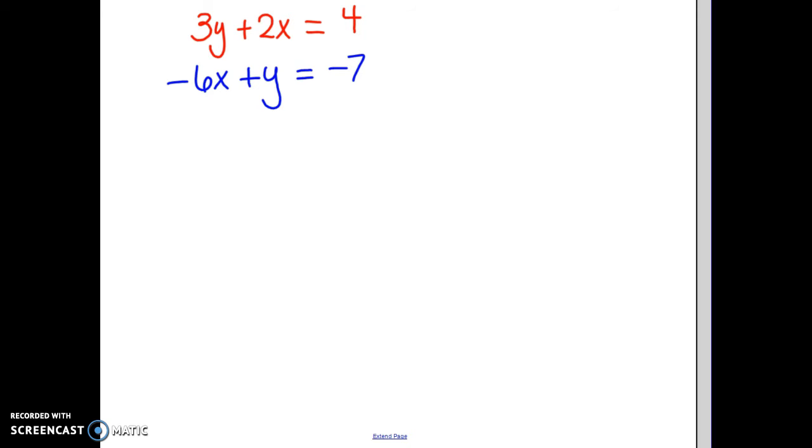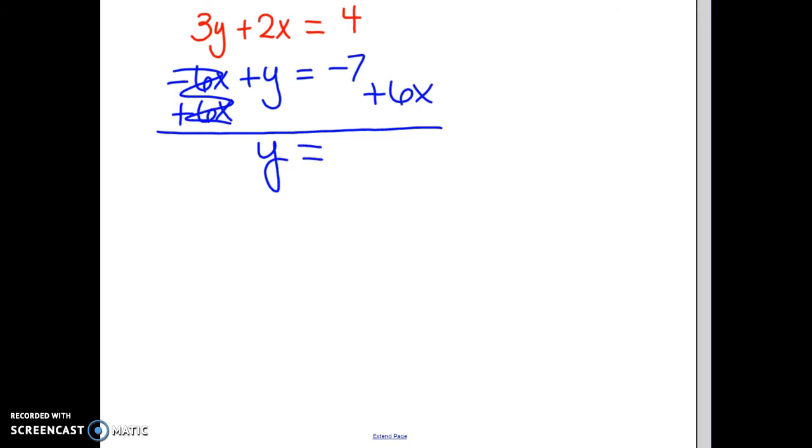So the first thing I'm going to do is add 6x to both sides to get this equation into y equals form. Negative 6x plus 6x cancels. I keep my y, I bring down my equals, and I now have negative 7 plus 6x.